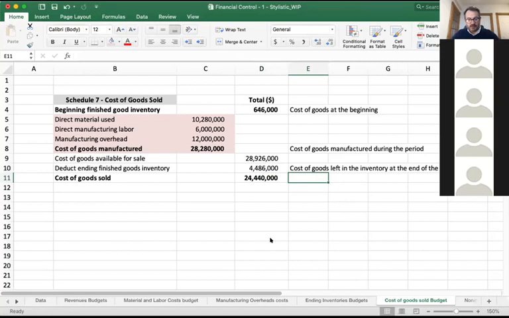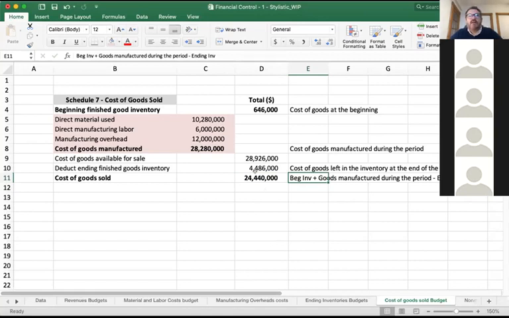So it's beginning inventory plus goods manufactured during the period, minus ending inventory.